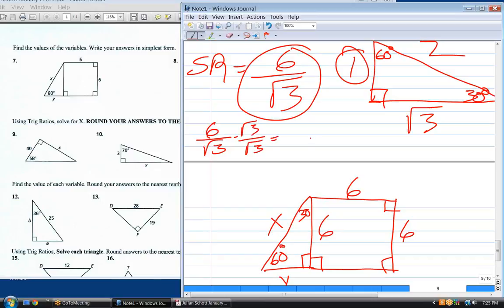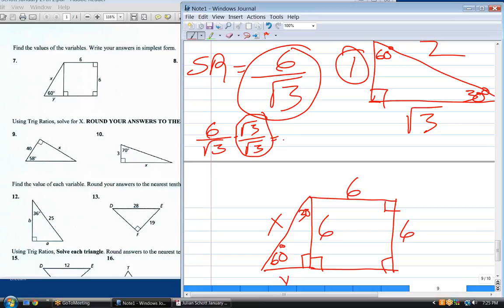You rationalize it by multiplying it by 1. Whatever this is, it's this over that. That is 1. It's going to work because it changes the denominator into a whole number. What's the new numerator?